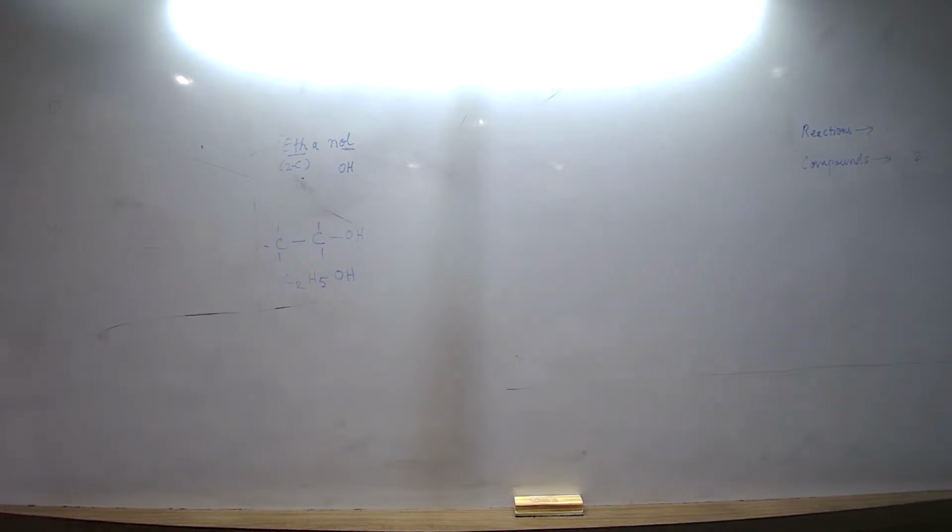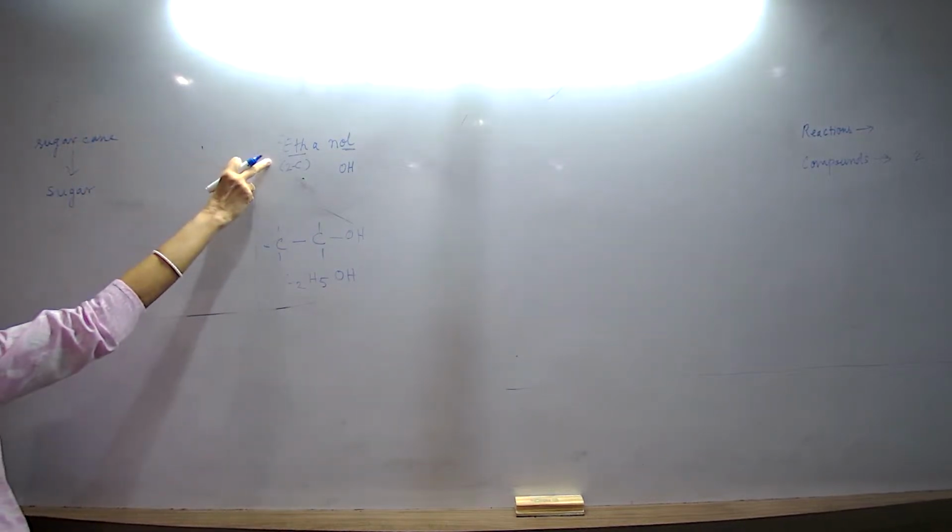Now how can it be obtained? Obviously you know something about sugar. How is sugar obtained? Sugar is obtained from sugar cane. When the juice has been extracted from the cane, what is left behind is molasses, which is nothing but biomass that can be fermented. So by the fermentation of this molasses, you are getting ethanol.